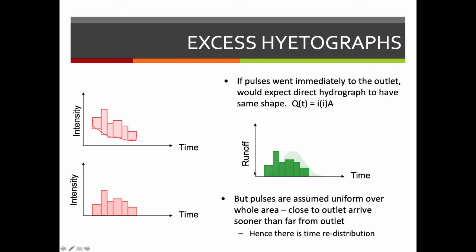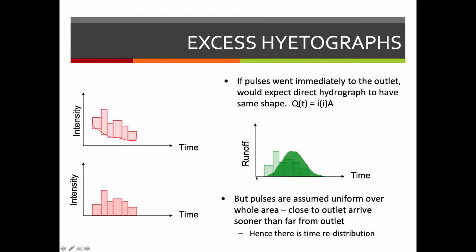However, the pulses are uniform over the whole area, so water particles that are close to the outlet are going to get out sooner than water particles that are far away from the outlet. Hence, there has to be some time redistribution or time delay, and that's what the unit hydrograph does. And with a time delay, our output response might look something like this green distribution here.